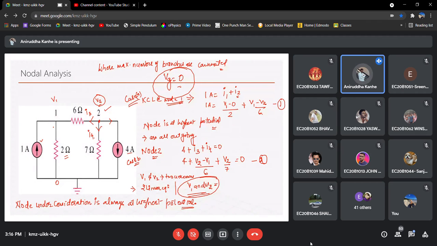Are you using the calculator? No, sir. Nobody is having the scientific calculator with you? Is there anyone who is having the calculator but not able to use it?